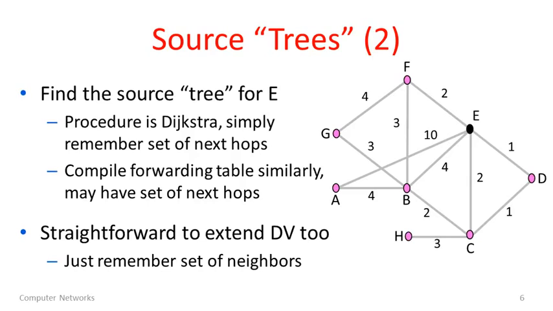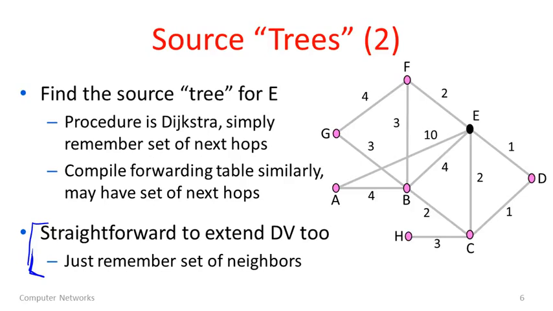And then once we've got this tree, we'll be able to compile it into a forwarding table. I'm not going to show you here, but as well as Dijkstra, there's also a straightforward extension for distance vector, where instead of choosing one minimum cost route, you can keep multiple of the minimum cost routes, the set of neighbors if you like.